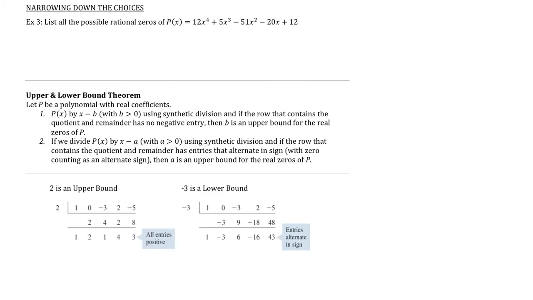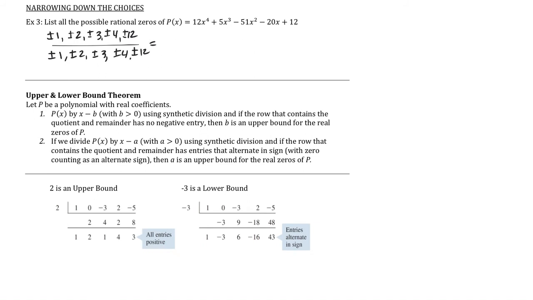Okay, so that works great, but what can happen, like in this case with 12, is there are so many possible different factors of 12, and if we also have a leading coefficient that has a lot of factors, you can start imagining all the different possible combinations.